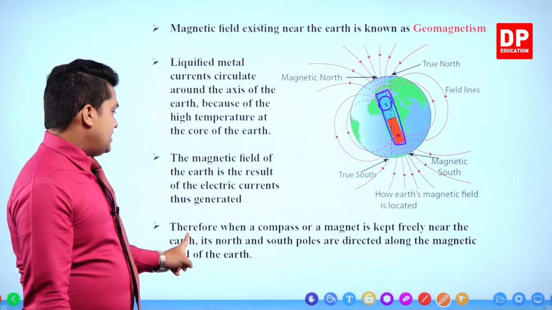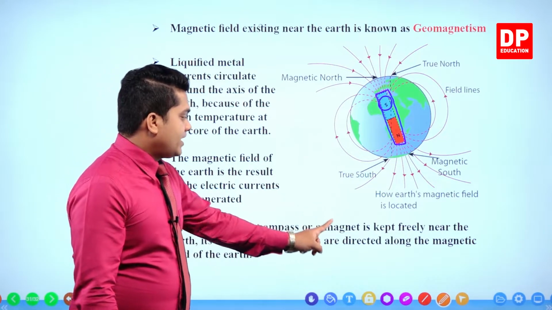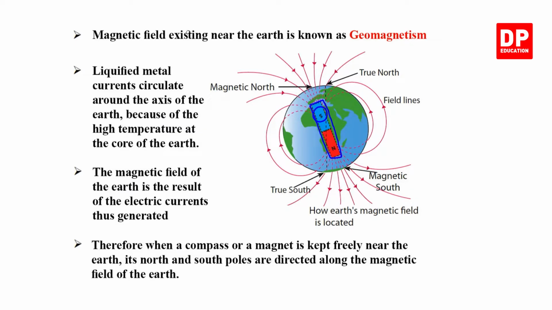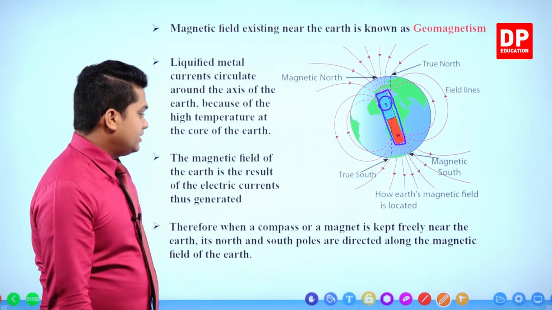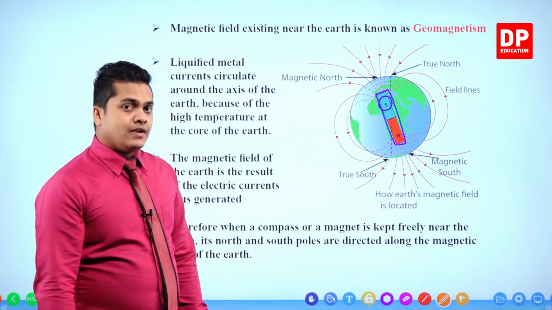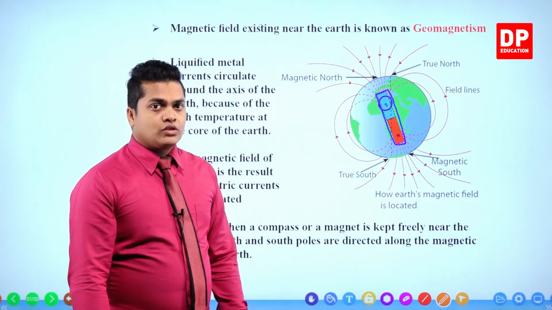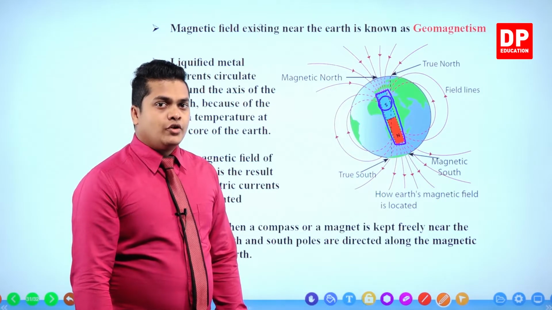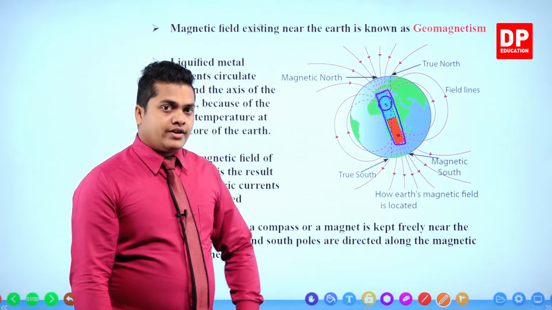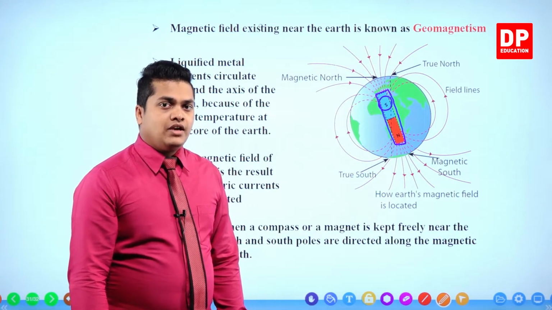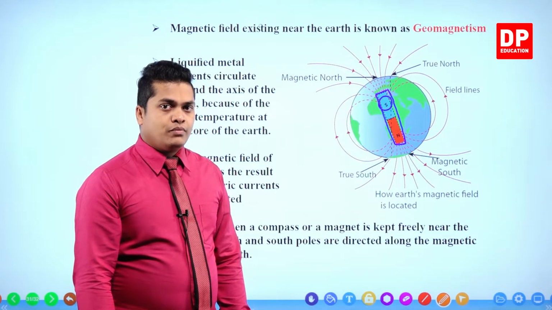Therefore, when a compass or a magnet is kept freely near the earth, its north and south poles are directed along the magnetic field of the earth. So when you hang a magnet freely, it always shows north and south directions. The north pole will be directed towards the north of the earth, and the south pole of the magnet will always be directed to the south of the earth.